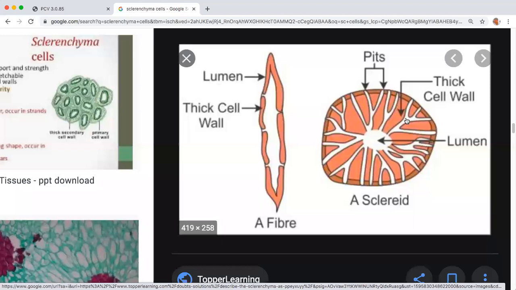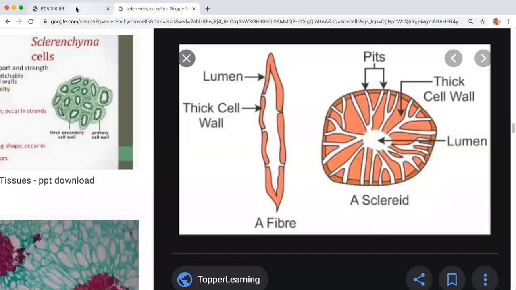Okay. So what you're seeing here is a fiber. A fiber is a type of sclerenchyma. Sclerenchyma is a kind of dead tissue. Something that you should know is that sclerenchyma is a dead tissue.